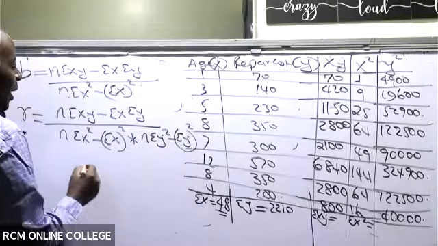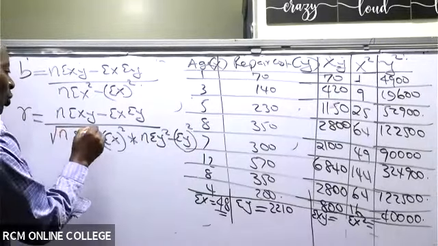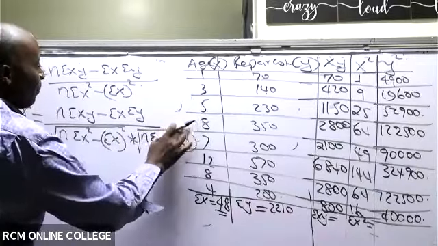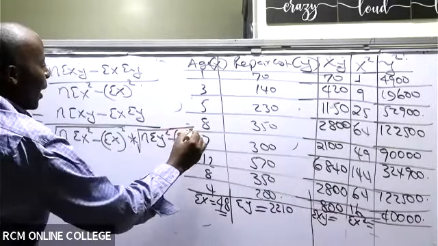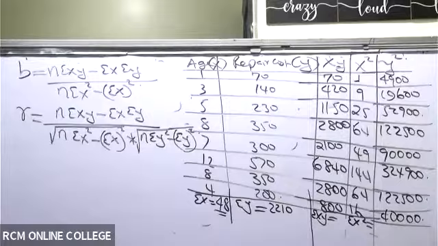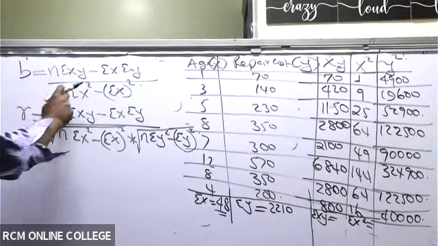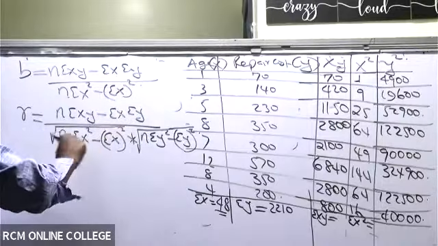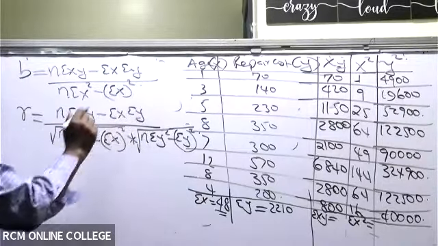And then of course you put these under their respective square roots. I prefer putting them under their respective square roots, each one of them under their own square roots.